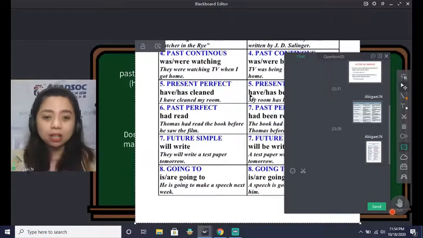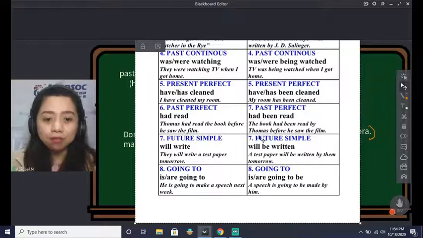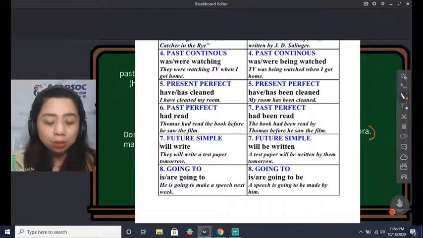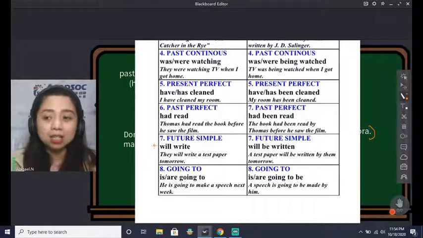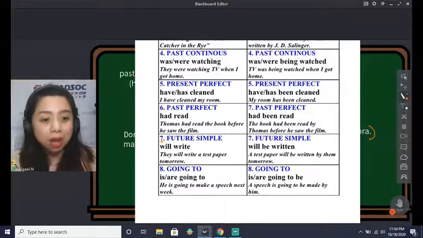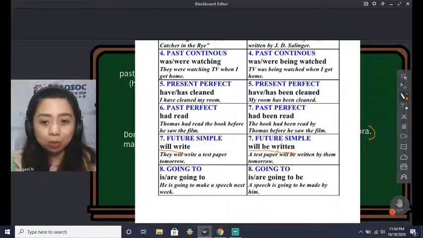Now here is the last one. We have the future simple. Of course, this is the action that is not yet done. It is from the word future. The action is going to happen in the future. So will be written. They will write a test paper tomorrow.